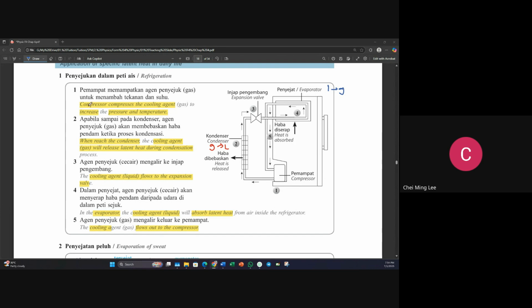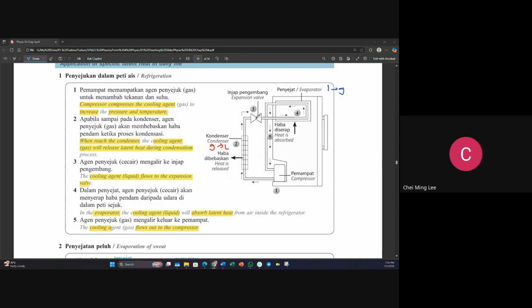So now, the compressor will compress the cooling agent to increase the pressure and temperature. Then, when it reaches the condenser, the cooling agent will release the latent heat during the condensation process. It will move from gas to liquid at this time.